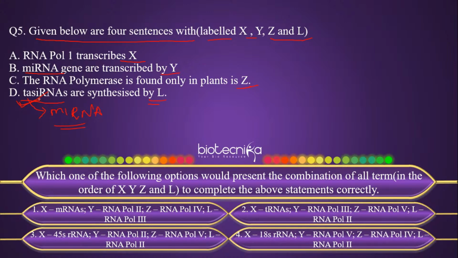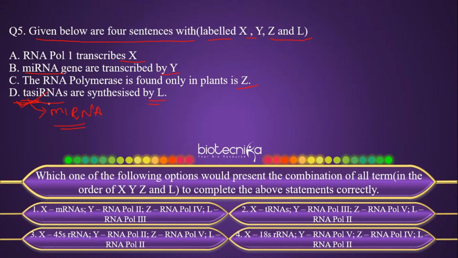TASIRNAs means trans-acting siRNA, meaning they are responsible for some kind of regulation, regulating the stability, regulating the mobility. In fact, these are post-transcriptionally modified RNAs.